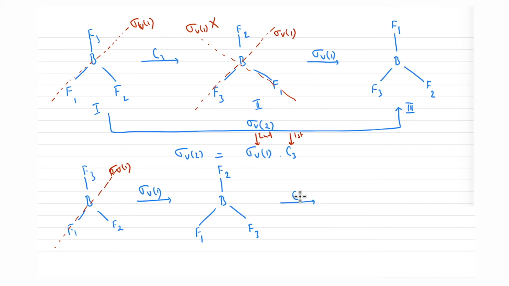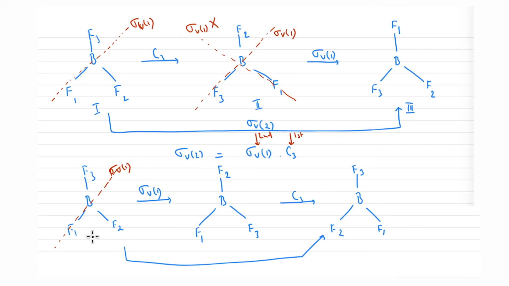Now if I do the C3 operation, what do I get? F1 goes here anti-clockwise, then 3 and 2. Now what is this operation? In this case, my F3 is not moving, and F1 and F2 are getting reflected.